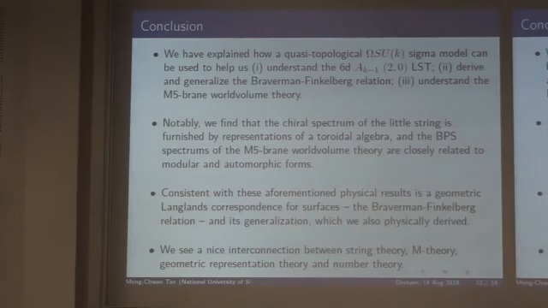Consistent with these physical results is the geometric Langlands correspondence for surfaces, so it's all tied in: you get all these results, but it's also consistent with the math. And the Pandharipande-type relation and its generalizations, which we also physically derived. If you remember, we had the check one and the toroidal one. So we see a nice interconnection between string theory, M theory, and geometric representation theory. This is what Langlands is known for from the math side, and of course number theory, because we have things that look like cousins of modular forms and automorphic forms. So it's a very nice interplay of these things.